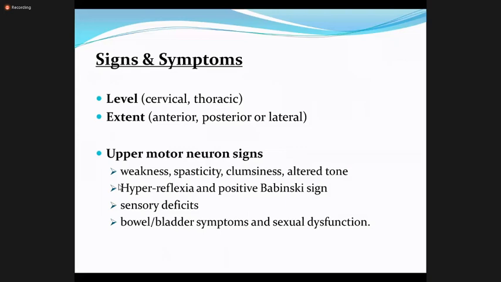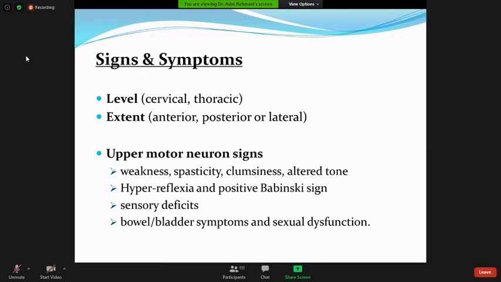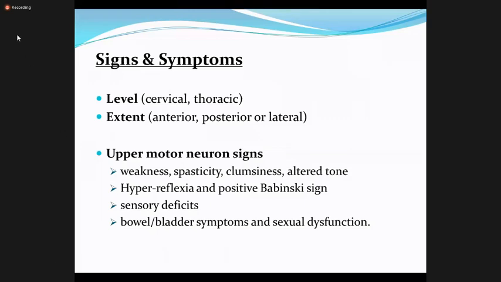The signs and symptoms of myelopathy depend on the level and extent of the involvement of the spinal cord. For example, if there is involvement of the cervical or dorsal or thoracic or lower dorsal spinal cord, the signs and symptoms vary according to the level.